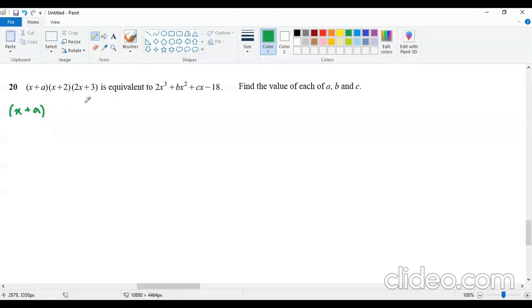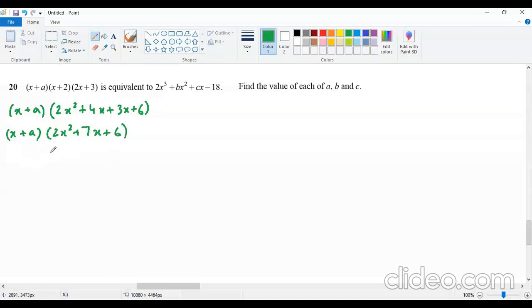So I am getting the product of x plus 2 and 2x plus 3 directly, and that is going to give us 2x square plus 4x plus 3x plus 6, and this is going to be x plus a times 2x square plus 7x plus 6.